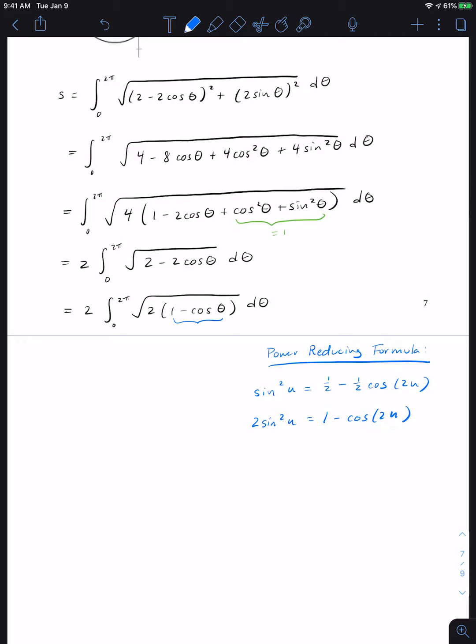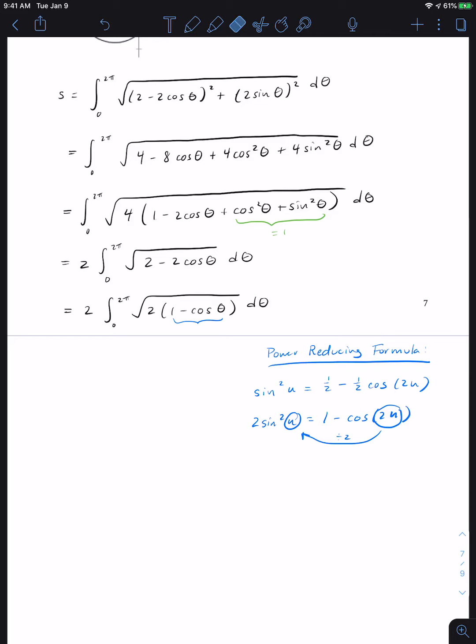So this right here is what's going on right there. The only thing we have to be careful of now is that to get from here to here, I need to divide the argument by 2. Normally we go from there to there because we're reducing a squared to a regular cosine, but this time we're going the other way. So instead of multiplying my argument by 2, I need to divide it by 2.